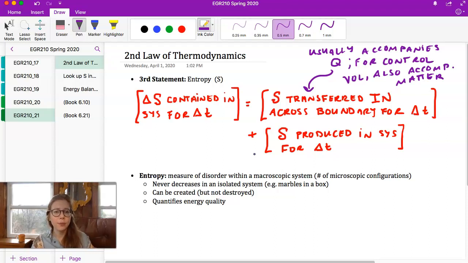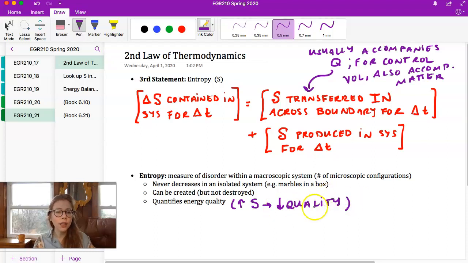Now, entropy can be created but not destroyed, and entropy is also a quantification of energy quality, right? So when we get an increase in entropy, we get a decrease in the quality of our energy.